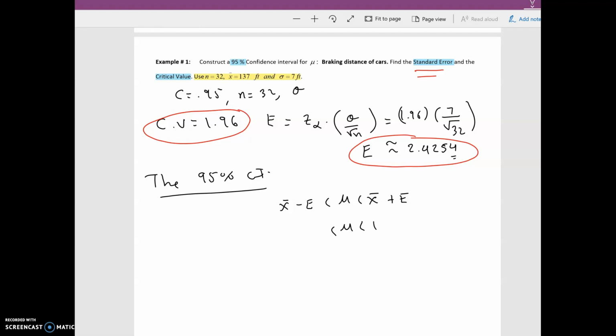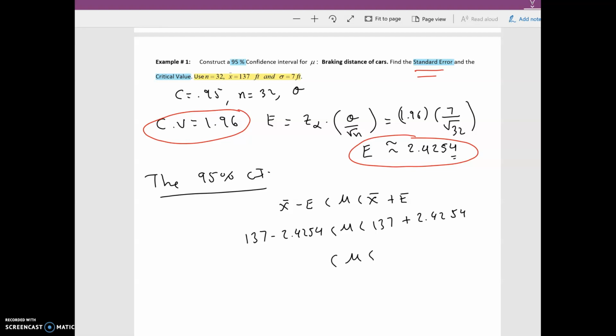The sample mean is 137 plus 2.4254, and then 137 minus 2.4254. So mu is in between the following two.